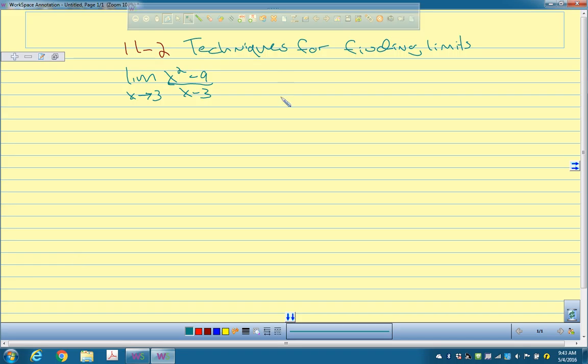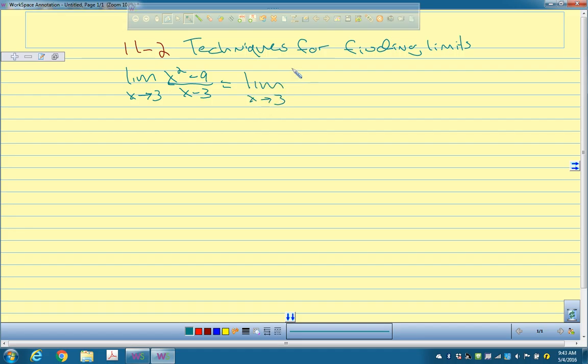So if it's undefined at 3, either I have a hole in the graph there or I have an asymptote. To figure out what I have, anyone know what I should do? Factor, that's right. You factor the top if you can.